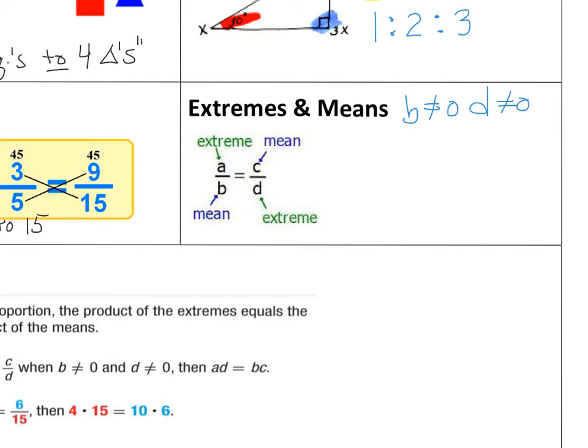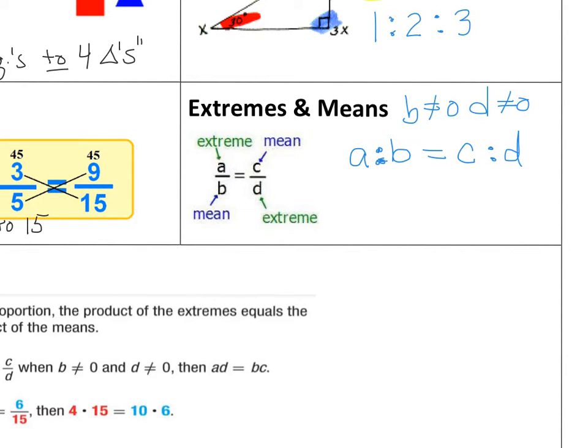A is to B, I'm going to write that with the colon. A is to B as, okay, that equal sign is read as, and then we have C is to D. So go ahead and write that with the colon, C is to D.